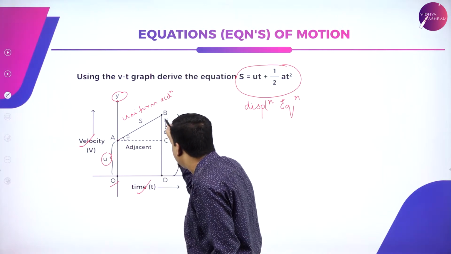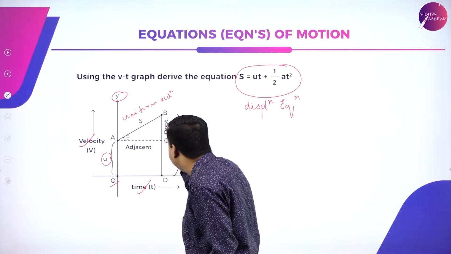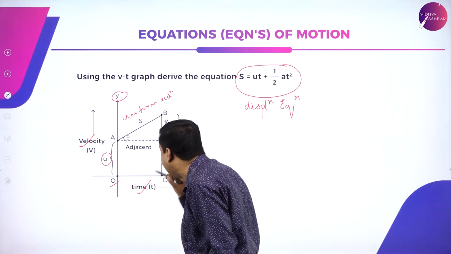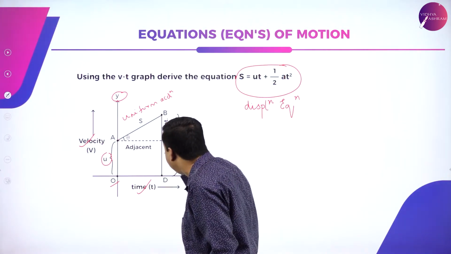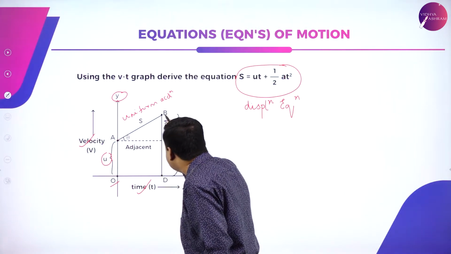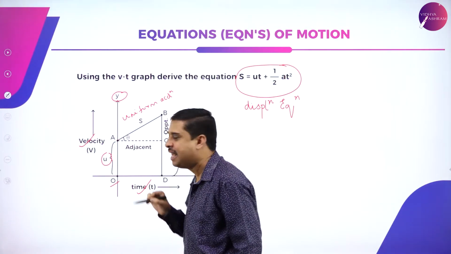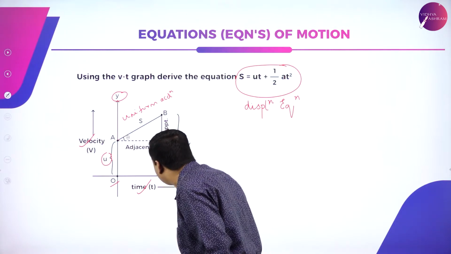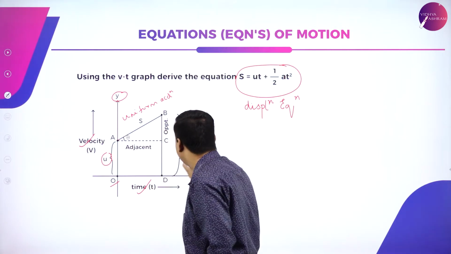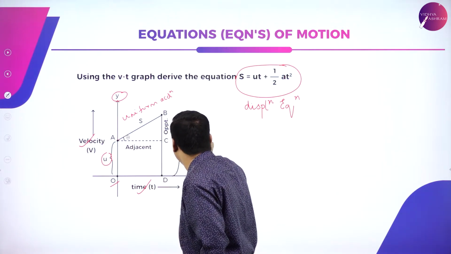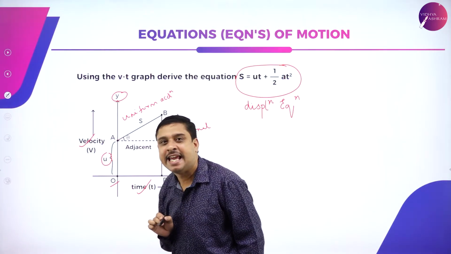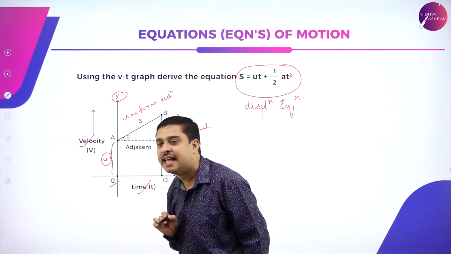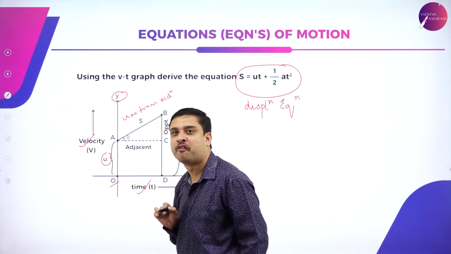Now, I draw a perpendicular BD to the x-axis. From B, the body is coming back to the x-axis with a velocity v, where v is the final velocity of the body.